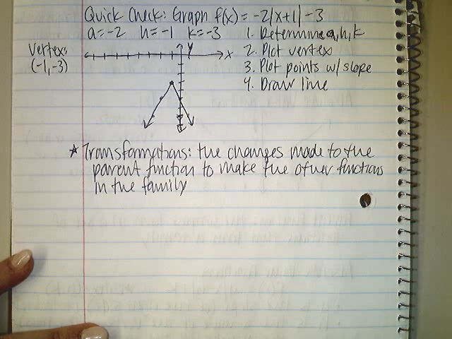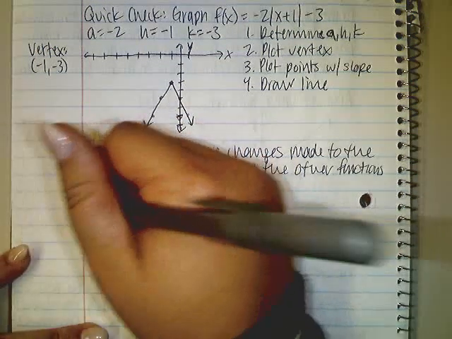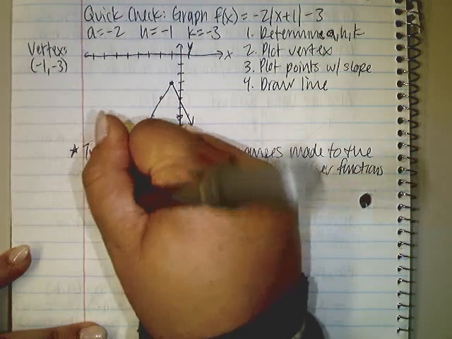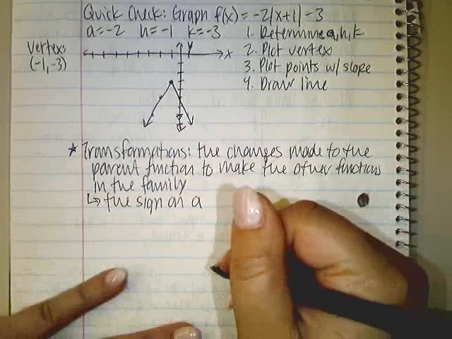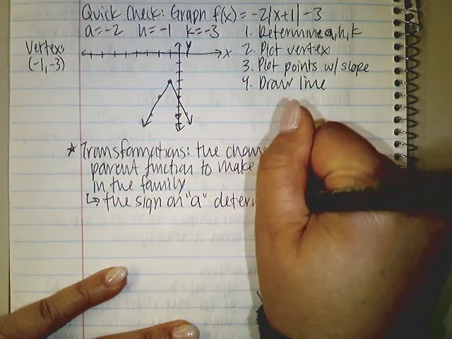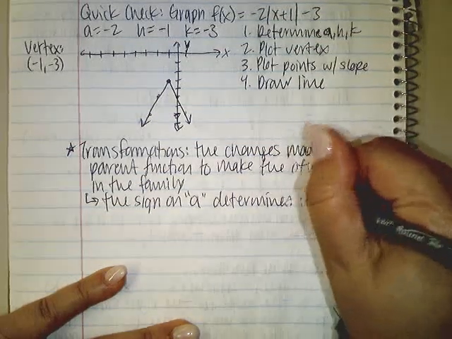So let's talk about vertical transformations first. So the sign on A determines if there is a vertical reflection.